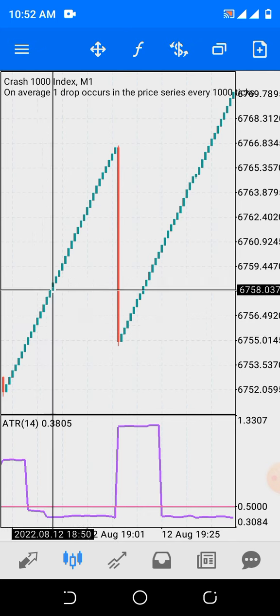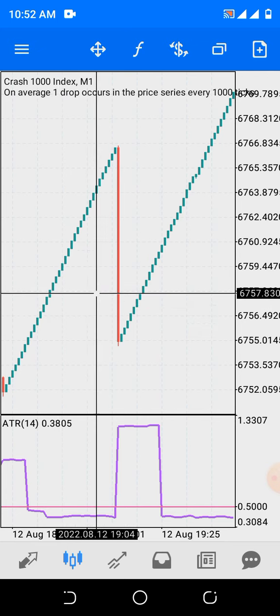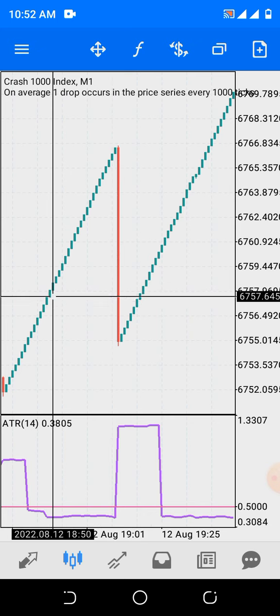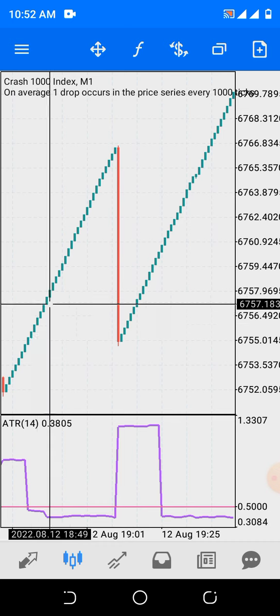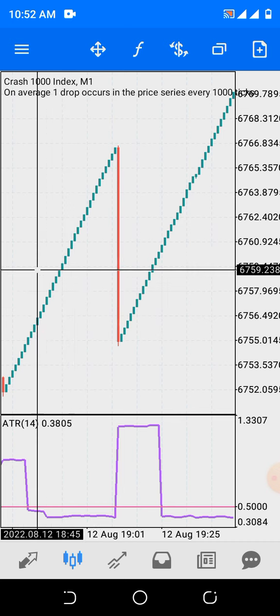Now it continues, but what I show you is 5 green candles. Make your entry here, count 5 green candles, and you take your profit.